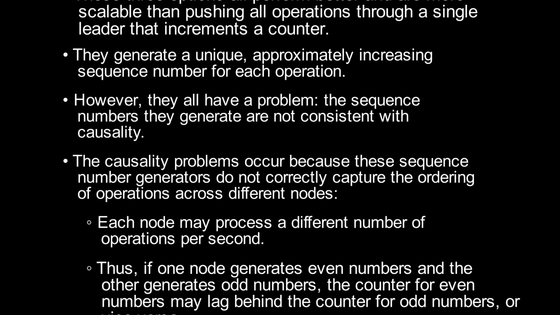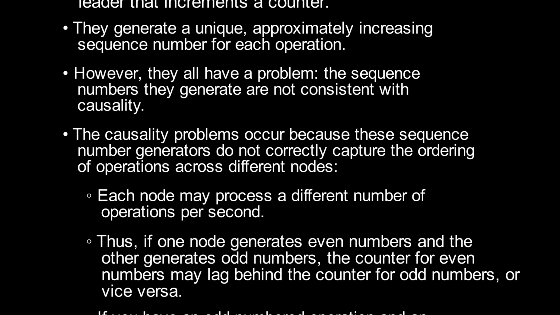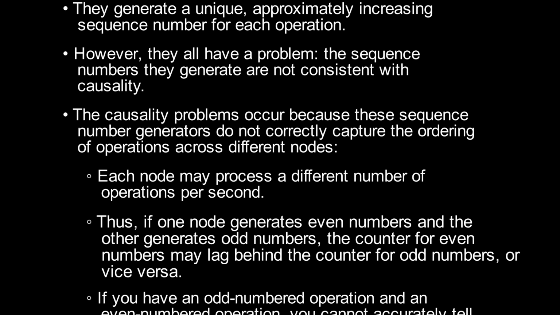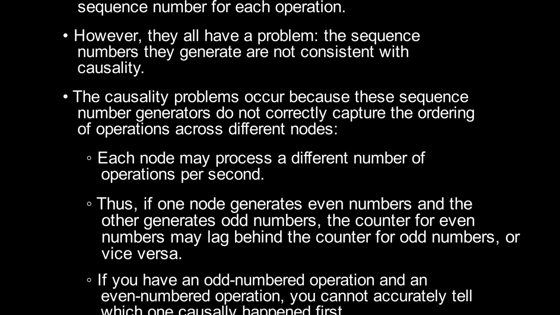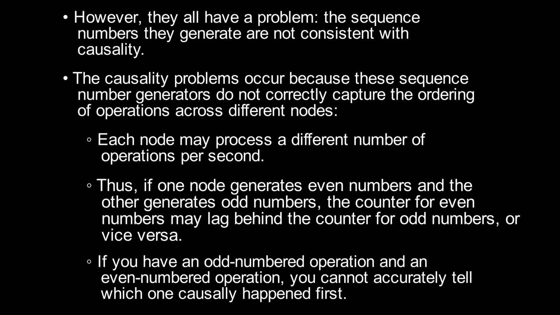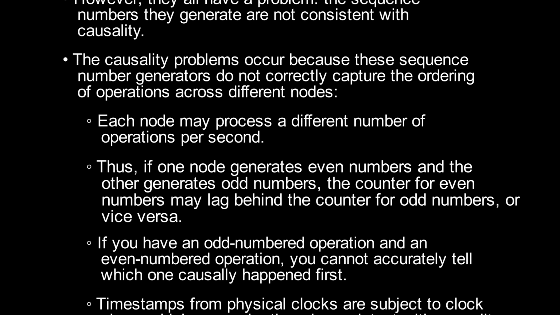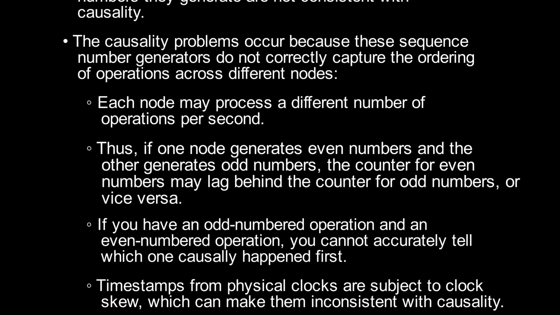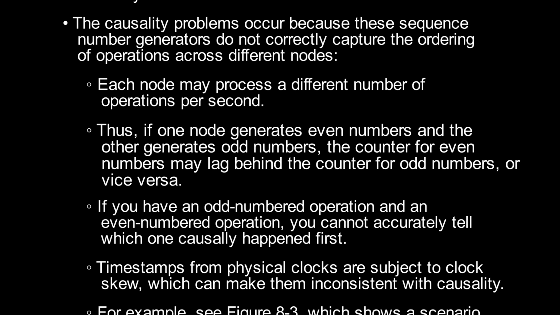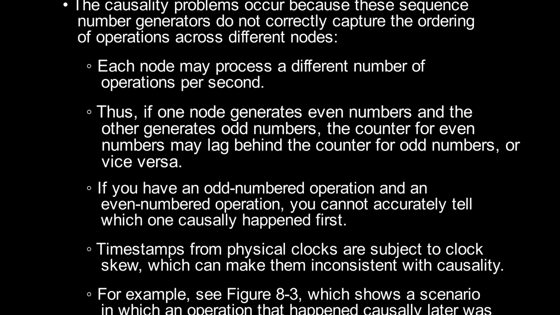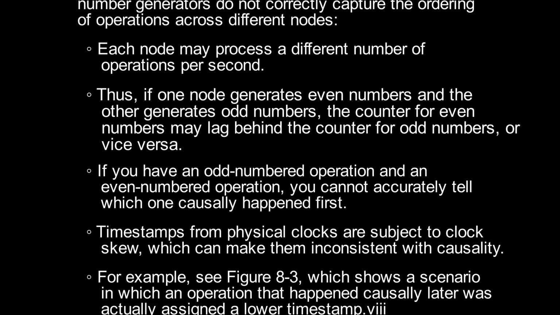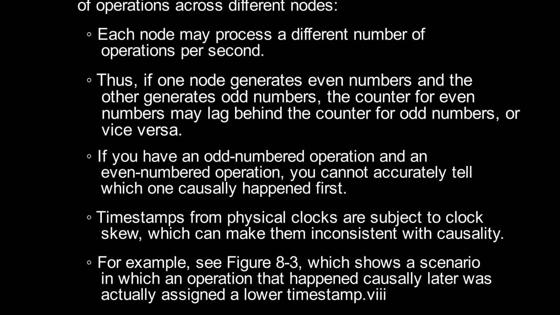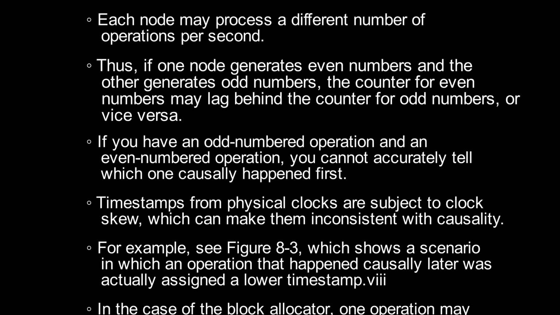Each node may process a different number of operations per second. Thus, if one node generates even numbers and the other generates odd numbers, the counter for even numbers may lag behind the counter for odd numbers, or vice versa. If you have an odd-numbered operation and an even-numbered operation, you cannot accurately tell which one causally happened first. Timestamps from physical clocks are subject to clock skew, which can make them inconsistent with causality.